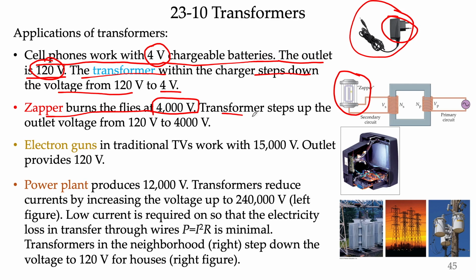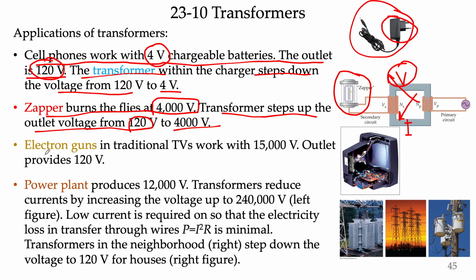Well, you can use a transformer. It steps up the outlet voltage from 120 or 220 to 4,000 volts. Of course, the current falls down, but I'm not really interested in the current if I want to burn some flies. I'm interested in the high voltage.